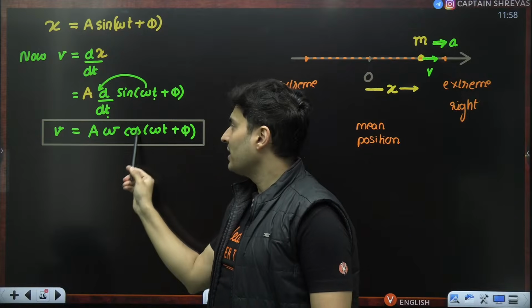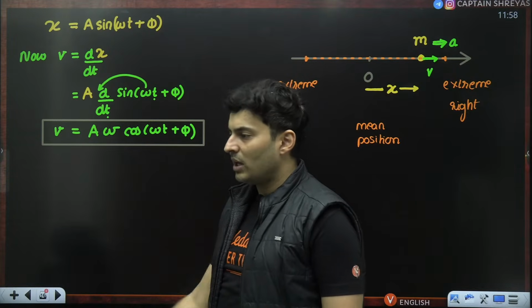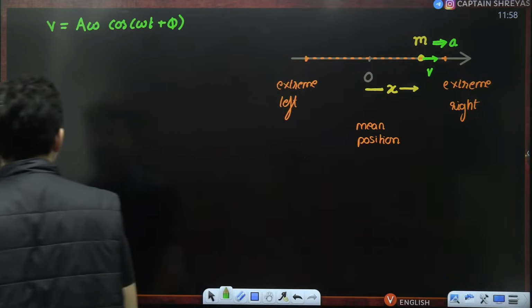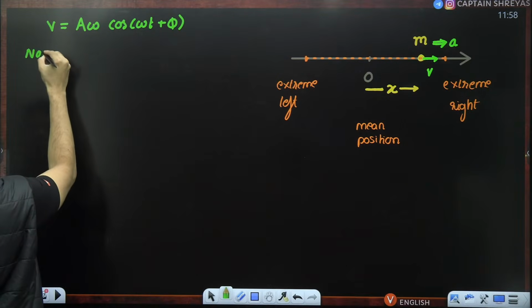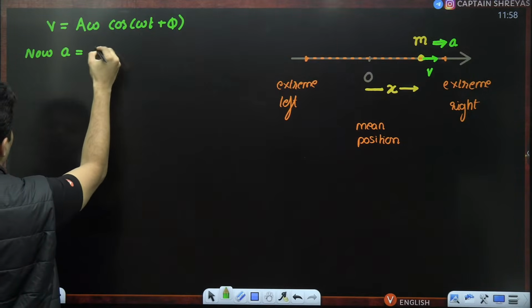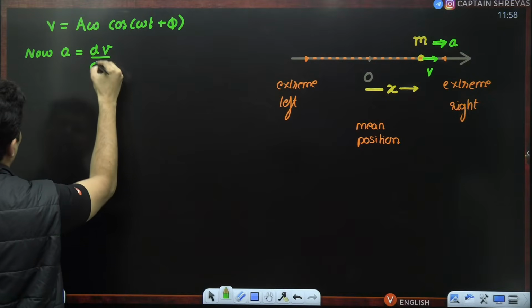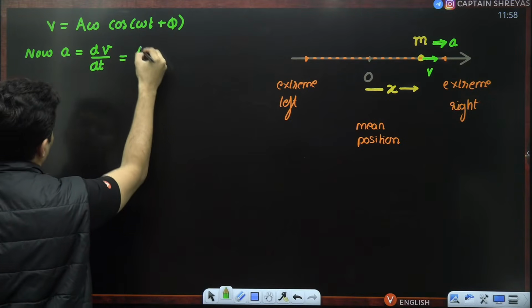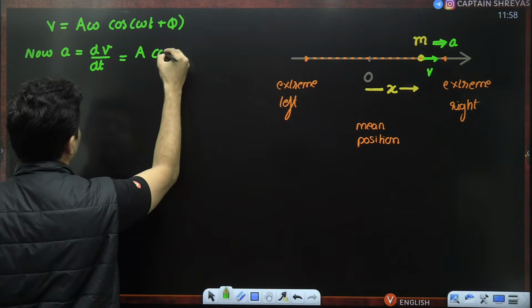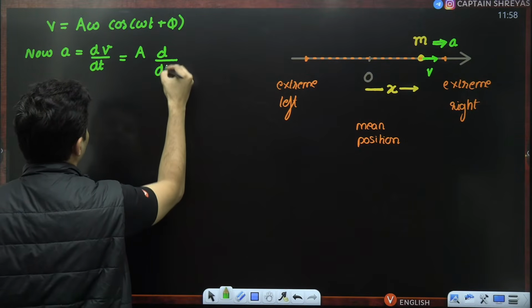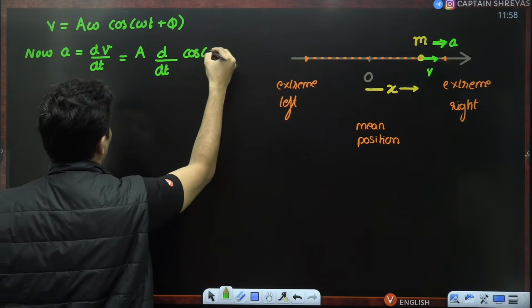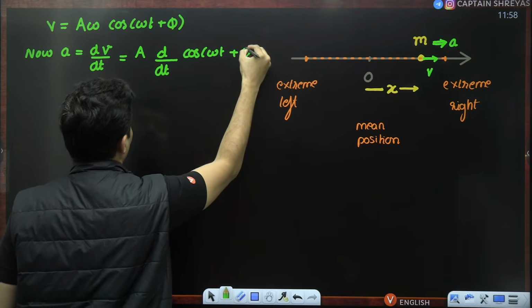So negative sine would come here, and still that a omega would have stayed outside. That's the only difference. So a omega cos omega t plus phi, but we all know that acceleration is nothing but the derivative of the velocity. So that a omega will come outside, it's a constant, and you will just be required to take the derivative of cos omega t plus phi.